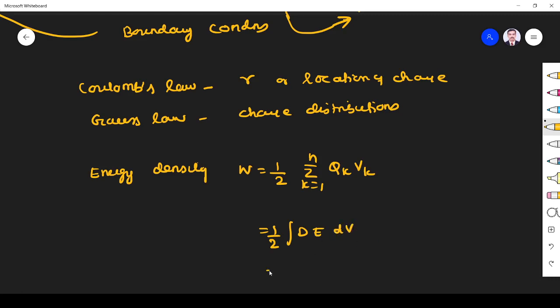D we know is epsilon E, so 1 by 2 epsilon E square dV. Right? So this is the next thing we must remember in electrostatics.